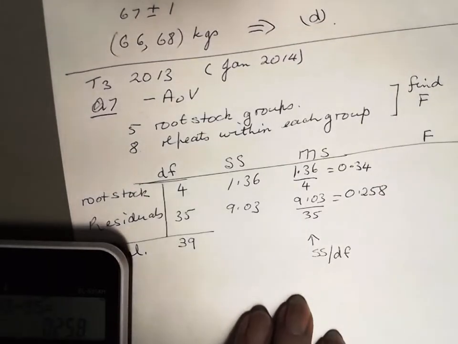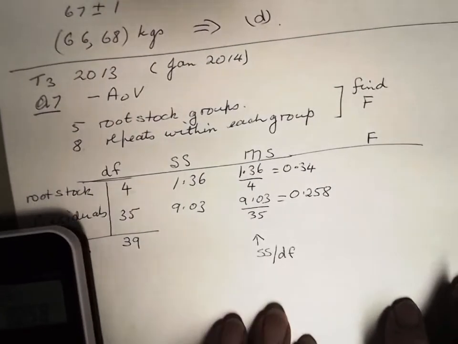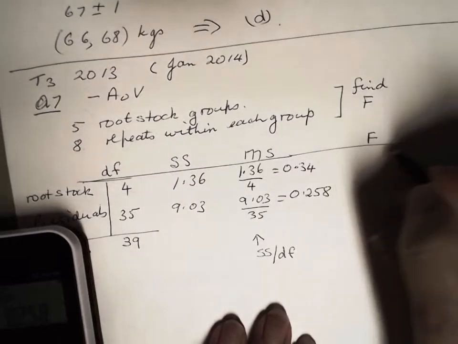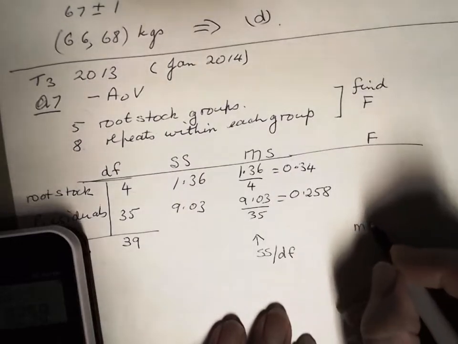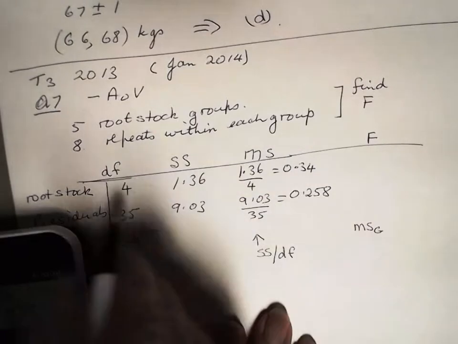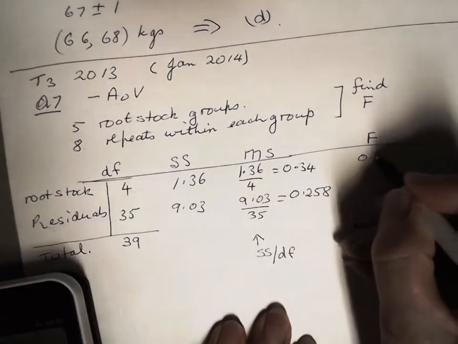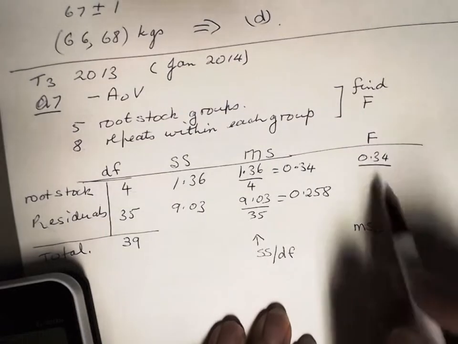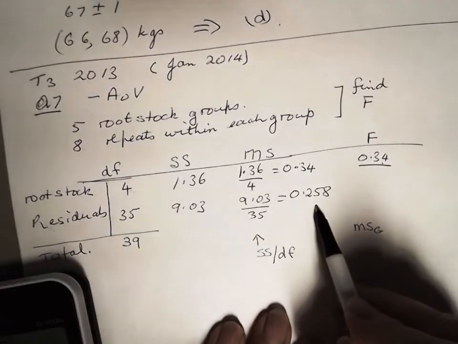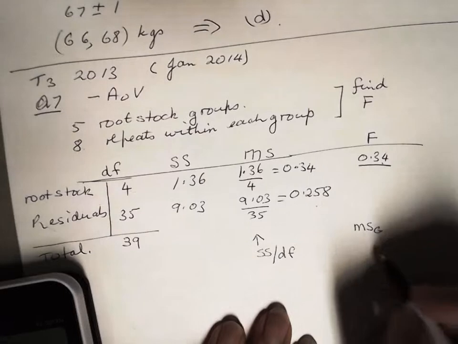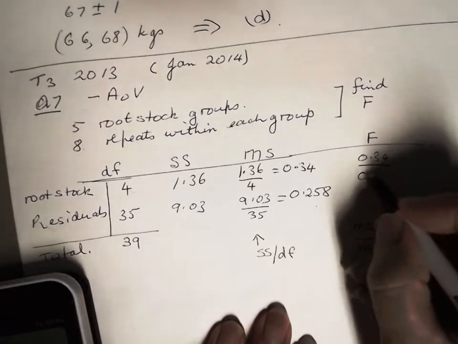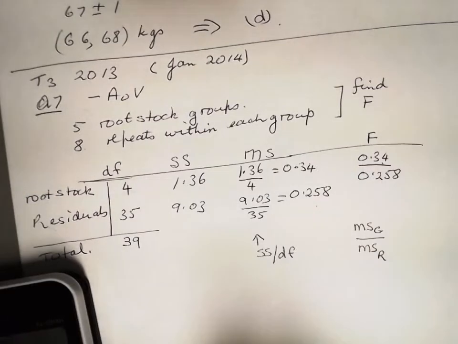My F statistic is another division. This time we take the mean sum of squares for our group, which is our rootstocks. So we've got 0.34, and we're going to divide that by the mean sum of squares for residuals, which is 0.258.